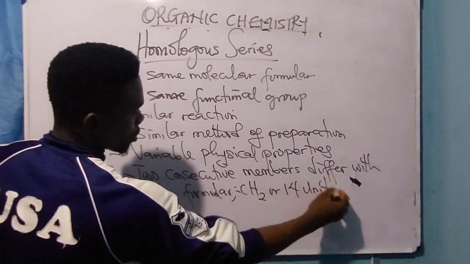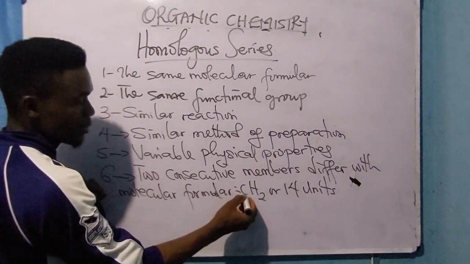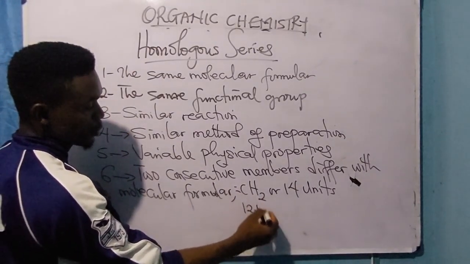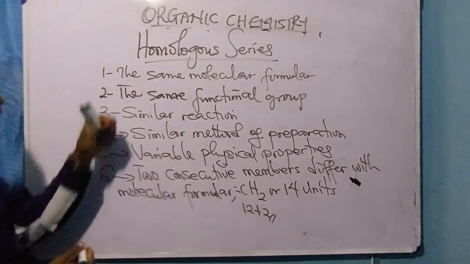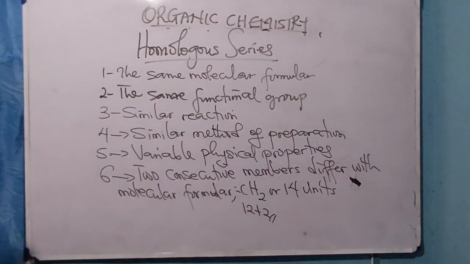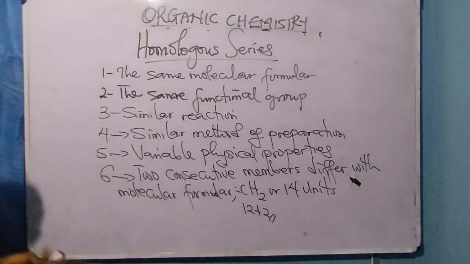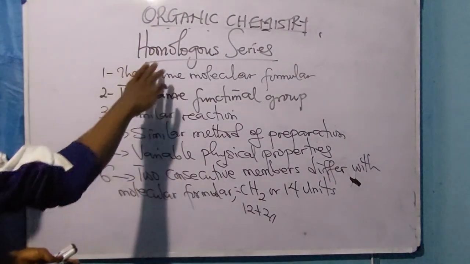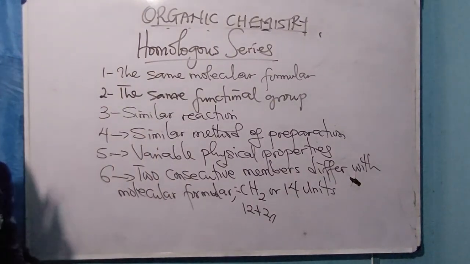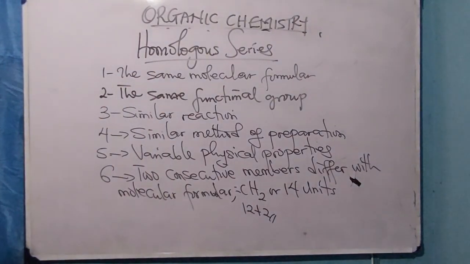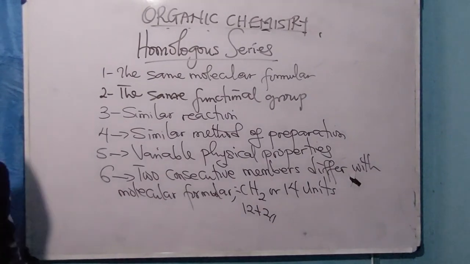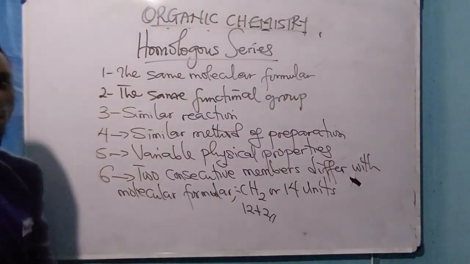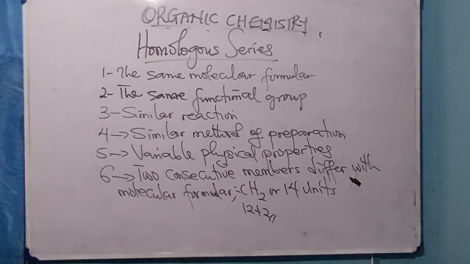It is called 14 units because carbon has atomic mass 12, and 12 plus 2 is 14. So these are the features of homologous series. It is very important you take note of them if you are preparing for JAMB, WAEC, NECO, post-UME.